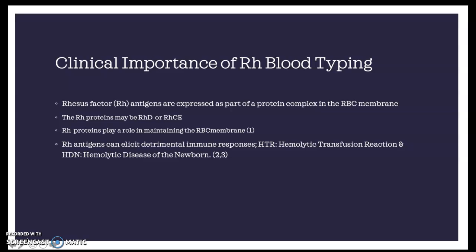And then for HDN, or hemolytic disease of the newborn, anti-D antigens cause the most severe form of HDN. So if the fetus has the D antigen, but the mother does not have the Rh factor, then the mother's immune system will attack the fetal blood cells.